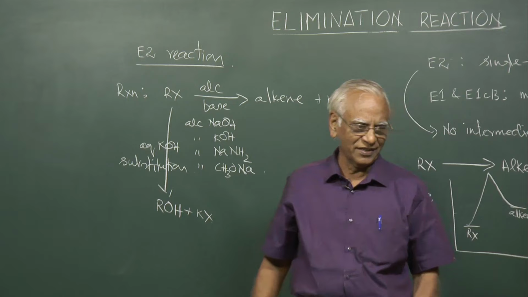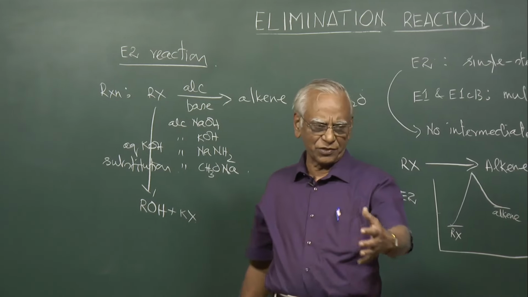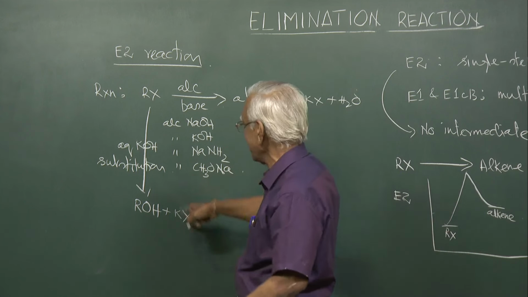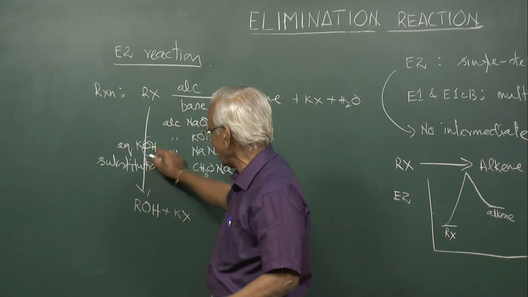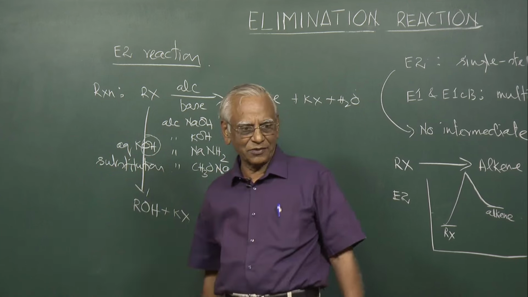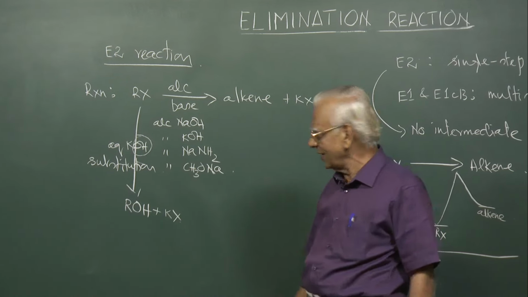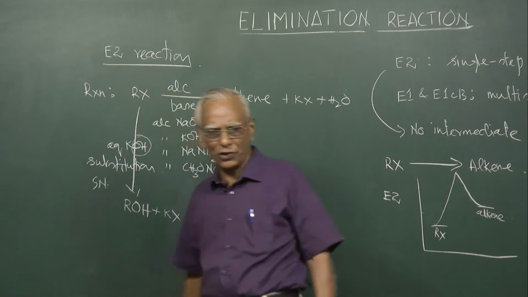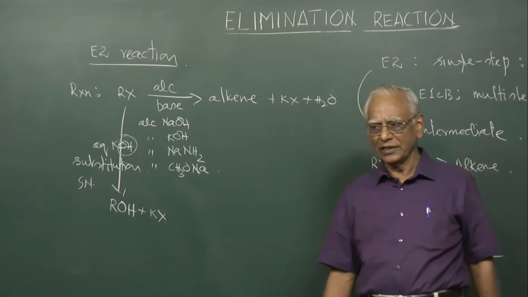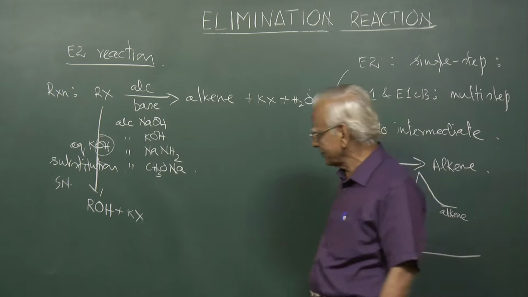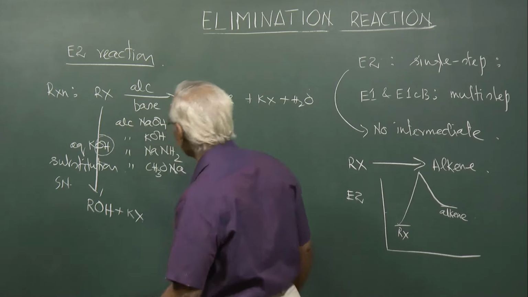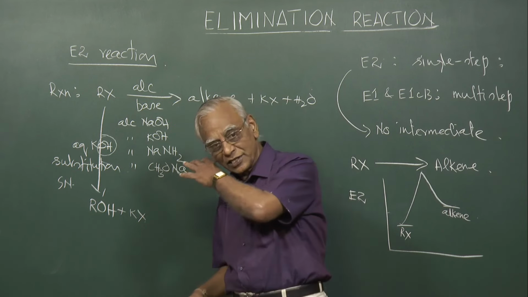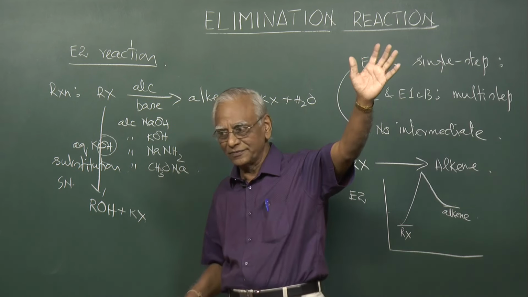Substitution reaction, whether it's nucleophilic substitution, free radical substitution or electrophilic substitution, is decided by the nature of the reagent. What is the reagent here? Nucleophile. Therefore, this is an example of an SN reaction, nucleophilic substitution. Therefore, if you change the solvent, the entire mechanistic course is completely altered.